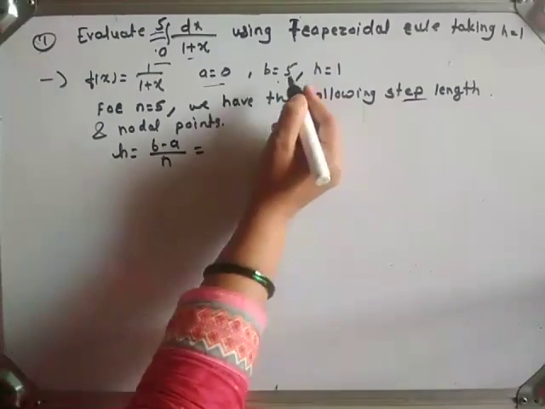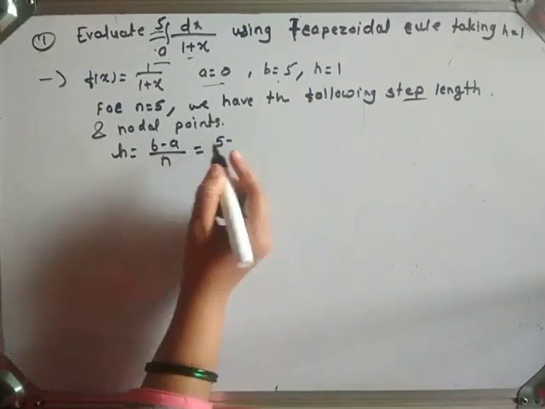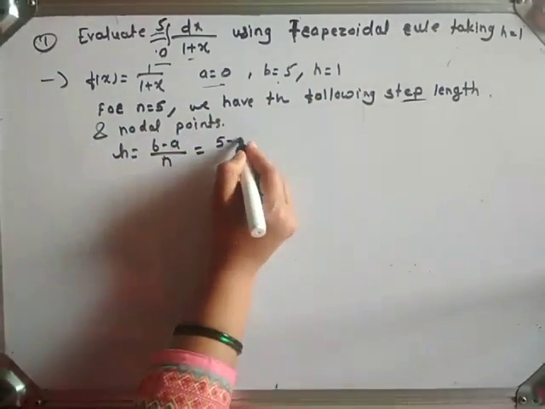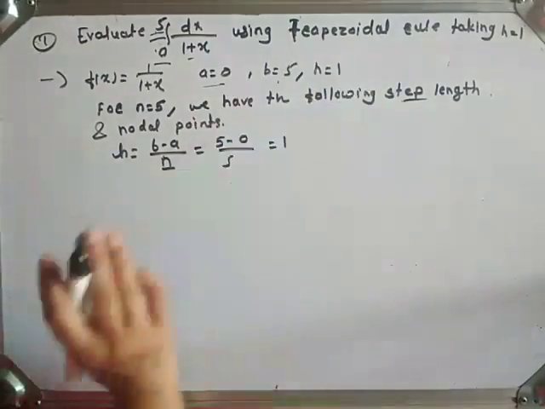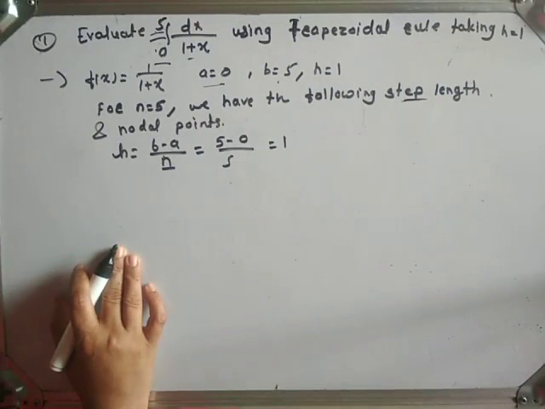Here b is 5 minus a is 0 and n is 5, so you will get h equals 1.